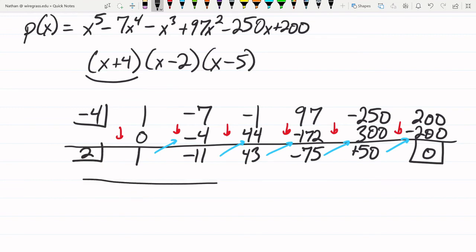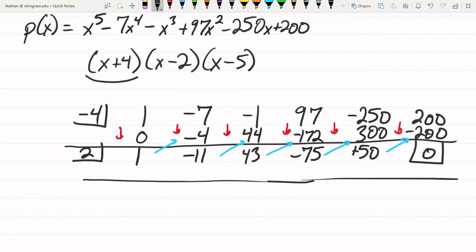So once again, we add going straight down. Oops, let me draw this a little straighter. Add going straight down and multiply going diagonally up. So we get 1. 1 times 2 is 2. -9. -9 times 2 is -18. Add going down, that's going to give us 23, so 25.